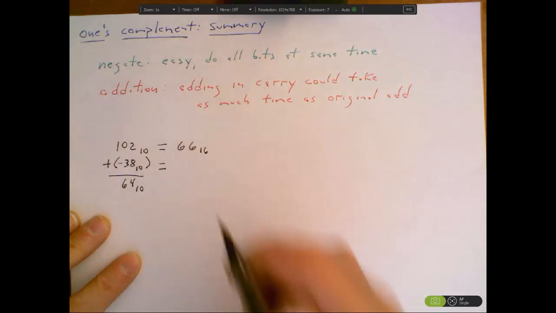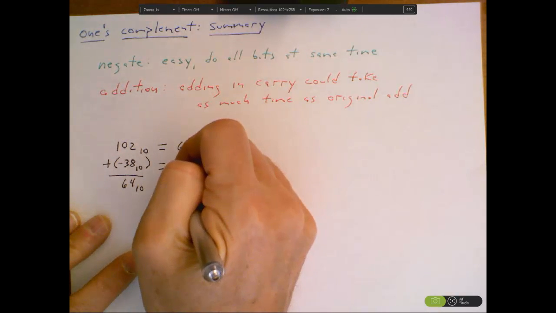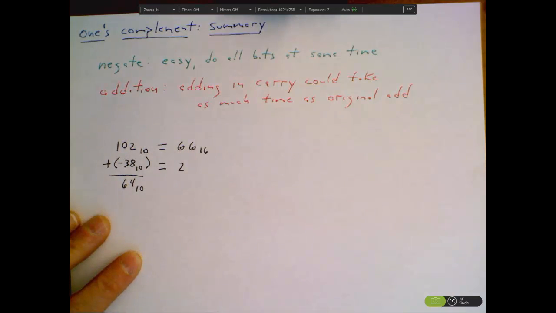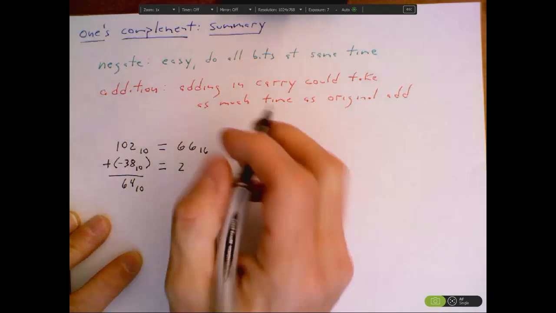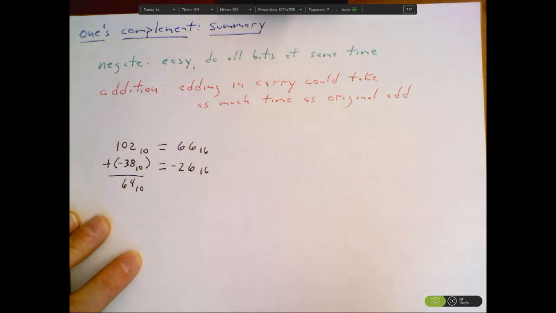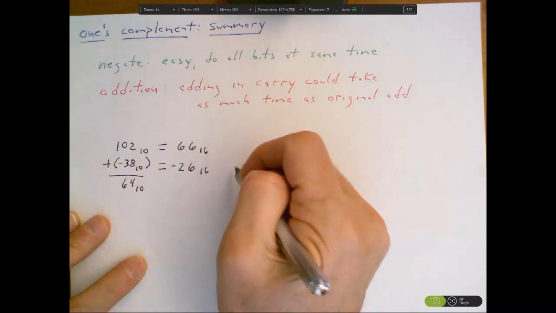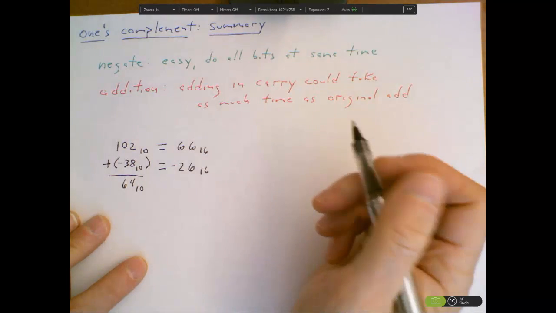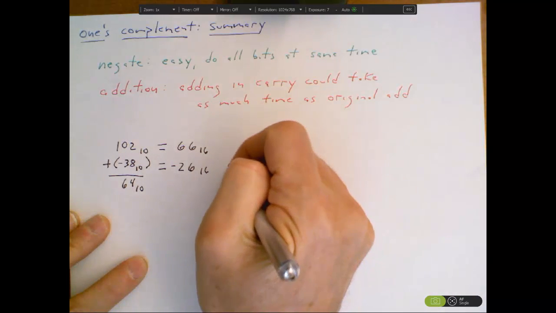What about 38? 38 in hex would be 26. That's 2 times 16 is 32, and that would leave 6 for the second digit. Of course, that's a negative number. All right, now we can go to binary. Let's do the 26 first.